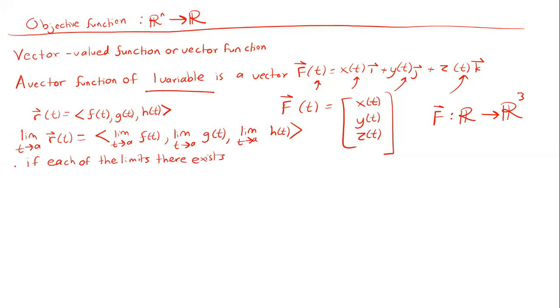And then also we can talk about something like continuity. So going back to this f, we could say that this f of t is continuous at t0 if each component, which would be your x of t, y of t, and z of t, is continuous at t0.